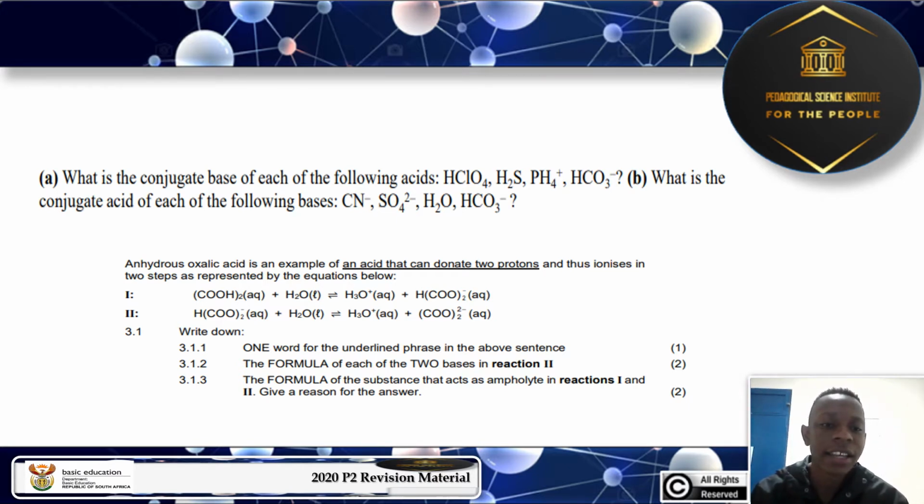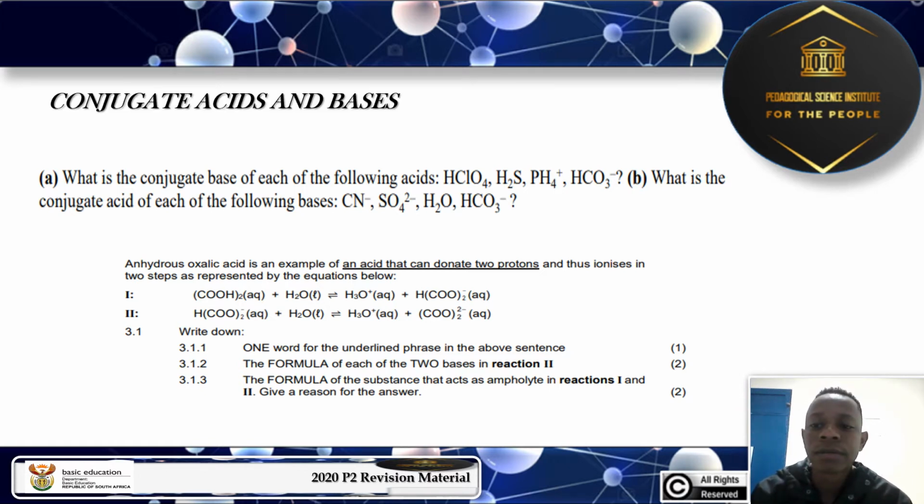Question A: what is the conjugate base of each of the following acids? We have HClO4, H2S, PH4, and HCO3. So we need to answer them.